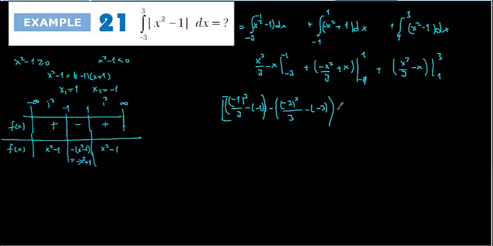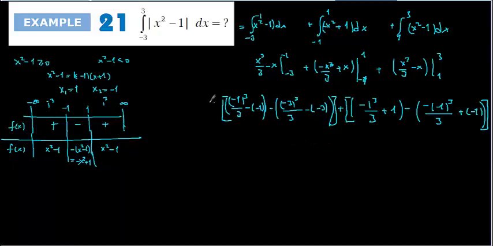This is the answer, and plus 1 cubed over 3 plus 1, minus minus 1 cubed over 3 minus 1, is the answer of this part.